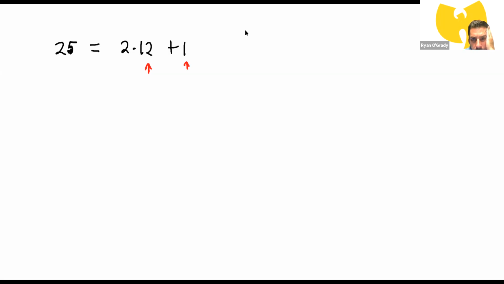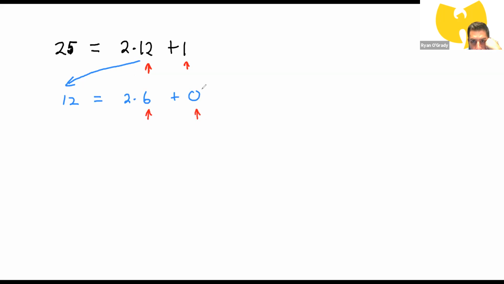Now I'm going to repeat. I'm going to take this number 12 and put it over here, and divide that by 2. What do I get? I get 2 times 6, and there is no remainder, so we put plus 0. Once again, I want to pay attention to this quotient and the remainder.